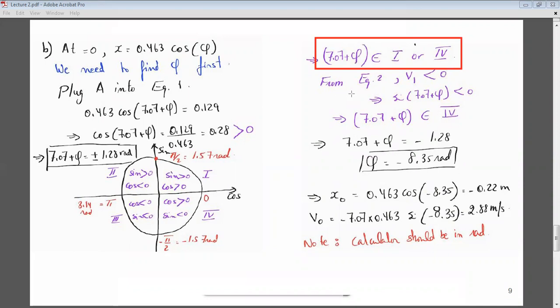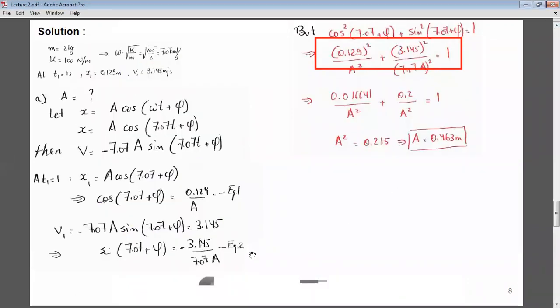Now, from the second equation, we have that v is negative. Let's go up and look at the second equation. So equation 2, the sign of the angle should be negative, right?